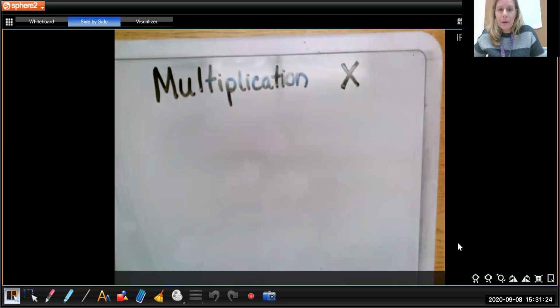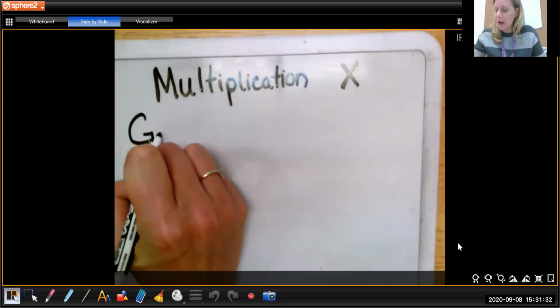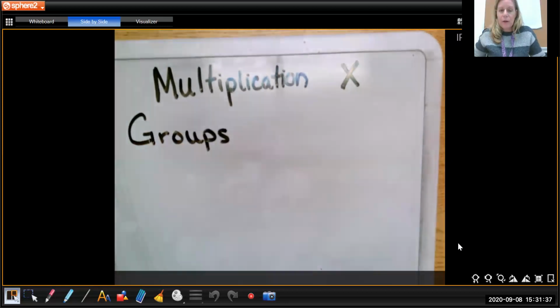Okay. So what multiplication is, when we are talking about it, first of all, we need to have groups. If we have groups, then we can think about multiplication. Groups is like when you gather in one place.